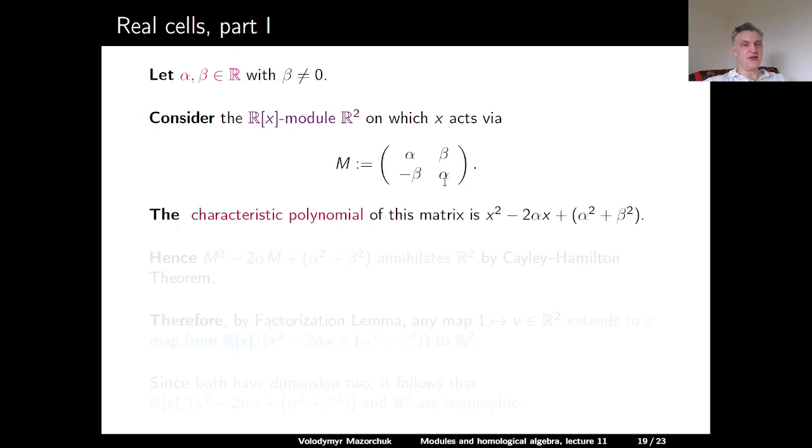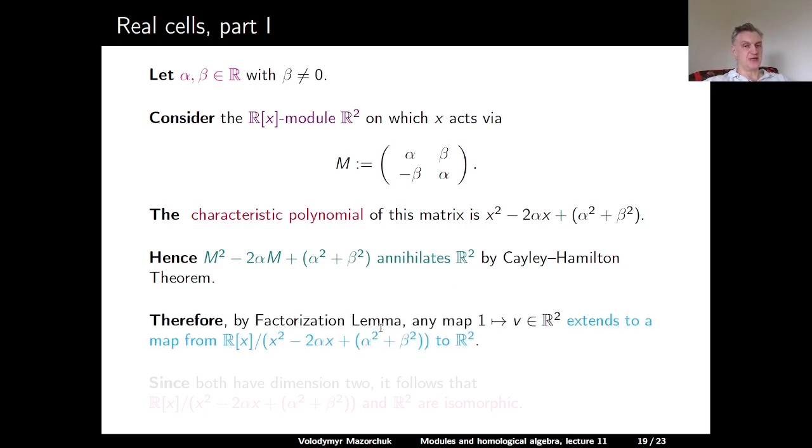It is straightforward to compute that the characteristic polynomial of this matrix is exactly x squared minus 2 alpha x plus alpha squared plus beta squared. In particular, using the Cayley-Hamilton theorem, we see that M squared minus 2 alpha M plus alpha squared plus beta squared annihilates our module R2.